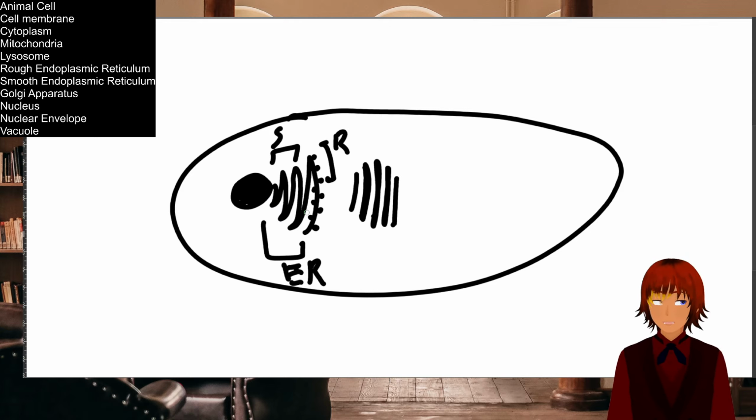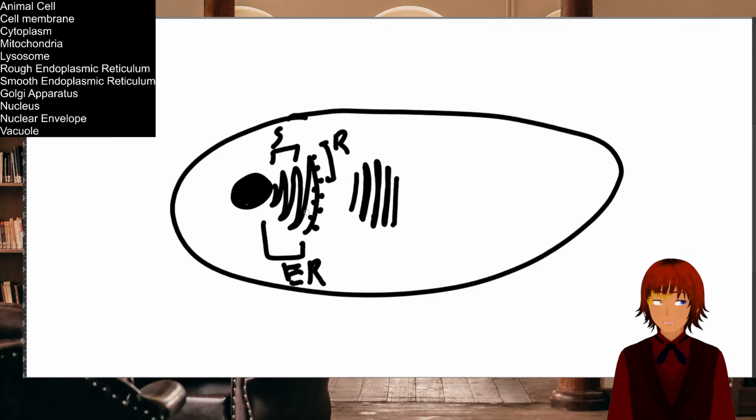So think of the rough ER as like a manufacturing plant where they take the blueprint, that mRNA, and turn it into actual products, your proteins. And then think of the Golgi as your packaging plant.